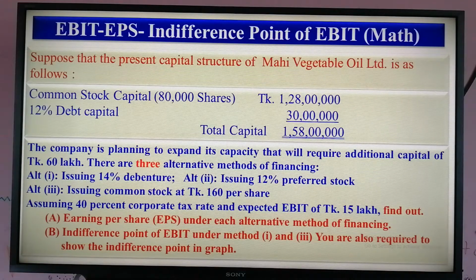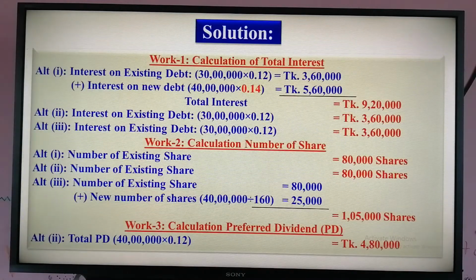But let's go back. Alternative 1, 14% debenture. Why? To collect 60 lakh. So, my dear student, in alternative 1, interest will increase: 60 lakh multiplied by 14%. My dear student, I should make a correction.